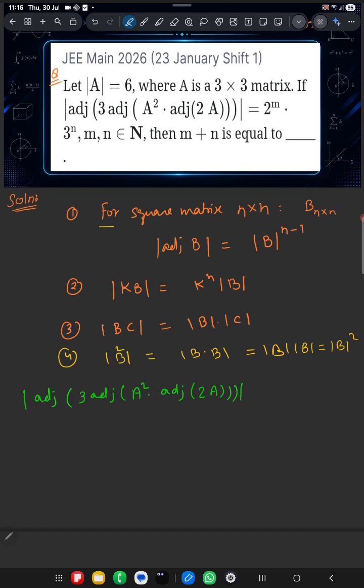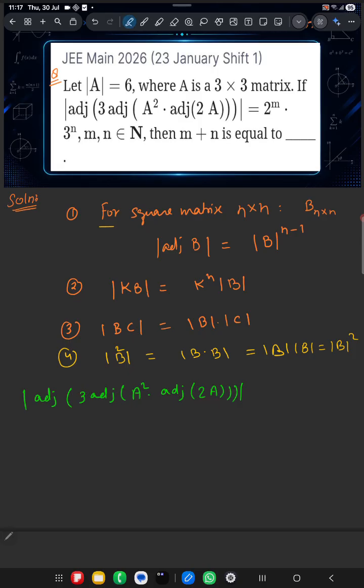Okay, so we will start solving from here. First of all, we will solve this, then we come to this point, then this point, then this point. So one by one we will solve.